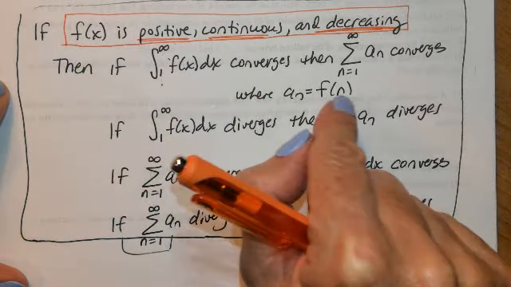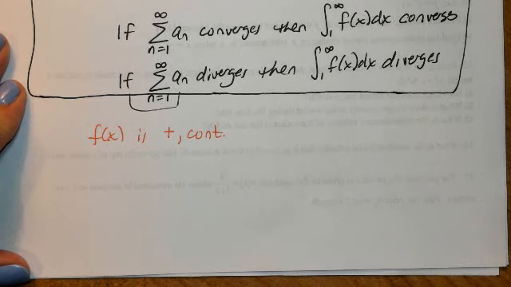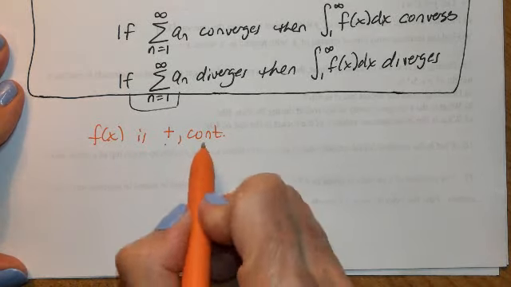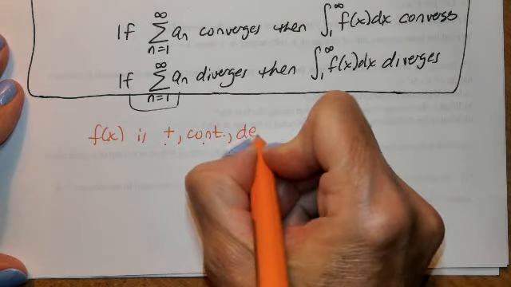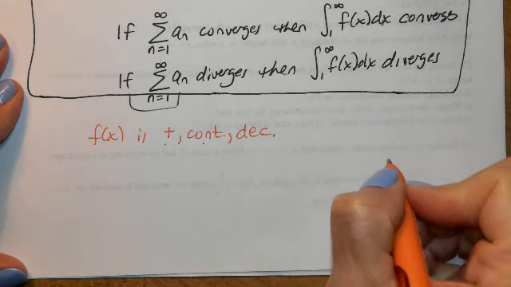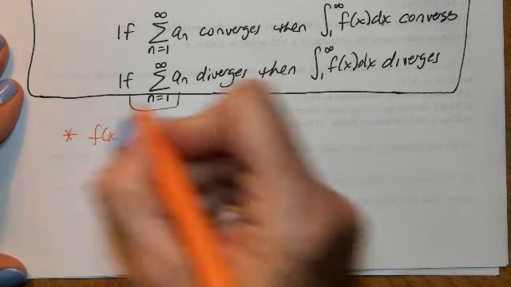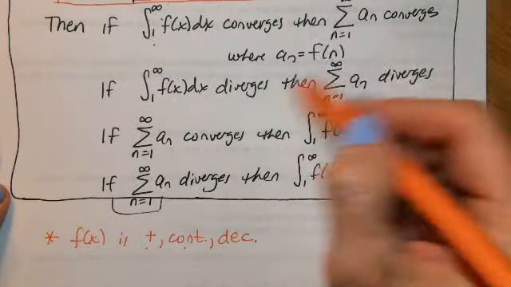Before you go and use the integral test, here's what I need you to say. F of x is positive. You can use a little positive sign, that's fine. Continuous. Sorry about that. Hang on. So f of x is positive, continuous, comma, decreasing. Just do that before you go and find the integrals.